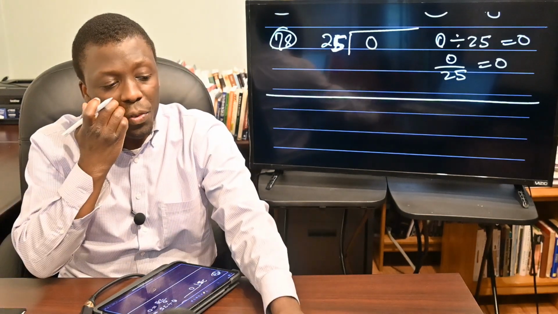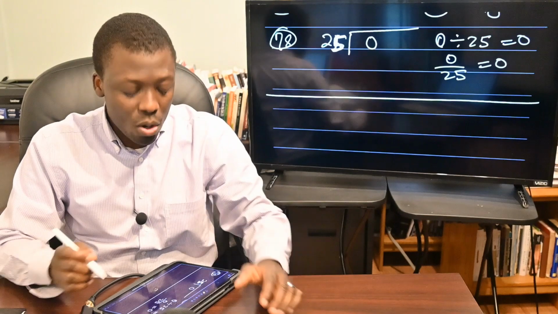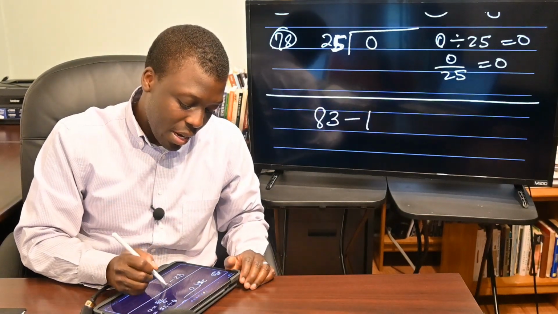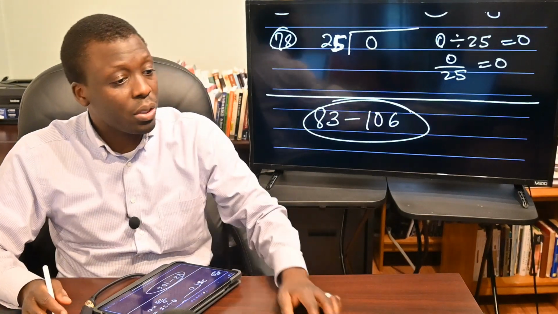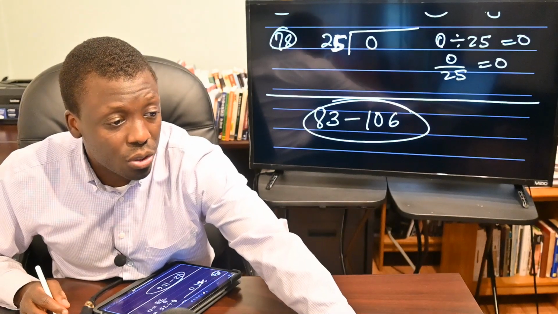The next set of problems from number 83 to number 106 have to do with, basically, you're using either long division or you're using division principles to do those problems.